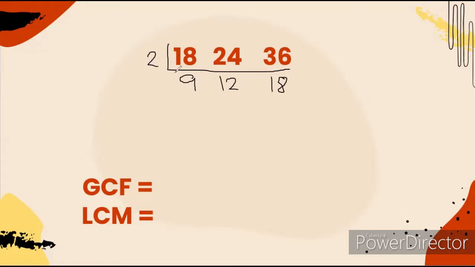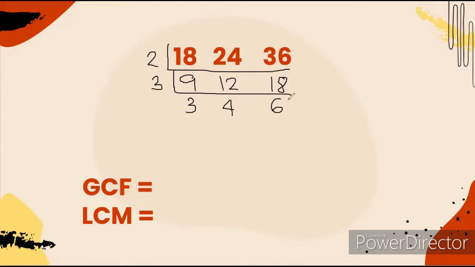Now think of another prime number that is divisible by all these 3 numbers. We can use 3, since they are all divisible by 3. 9 divided by 3, it's 3. 12 divided by 3, it's 4. And 18 divided by 3, it's 6.